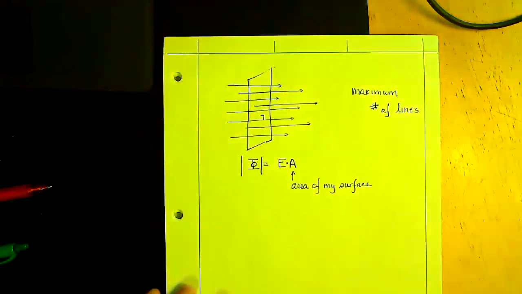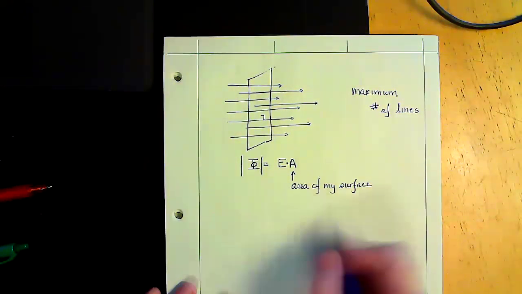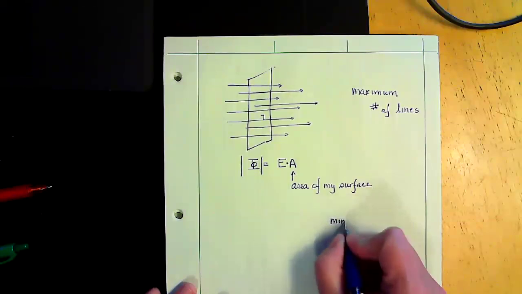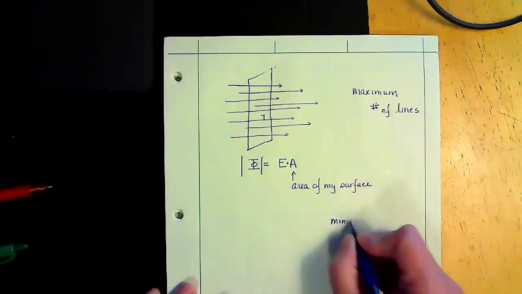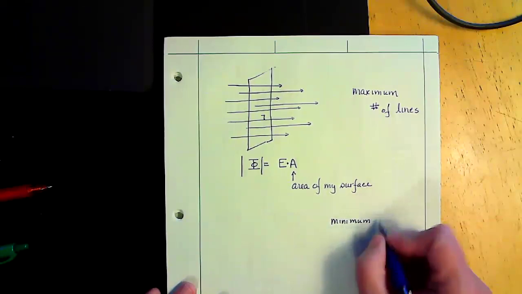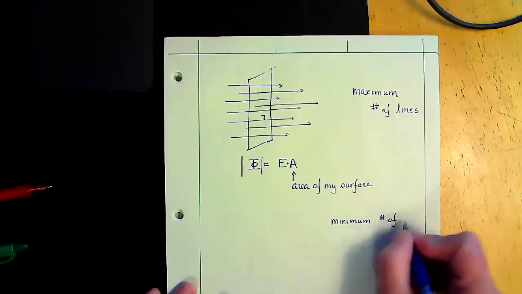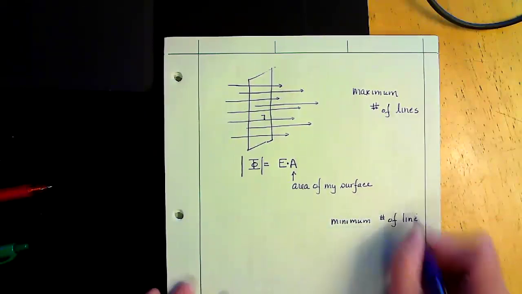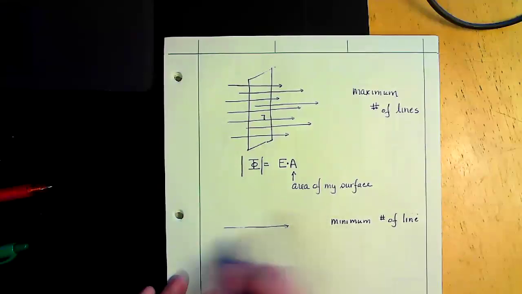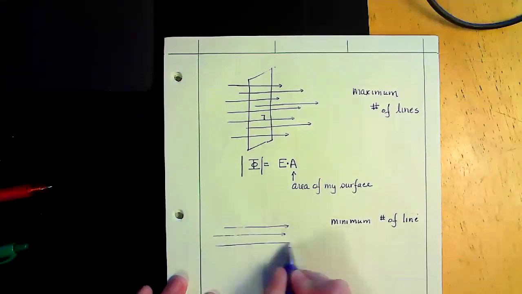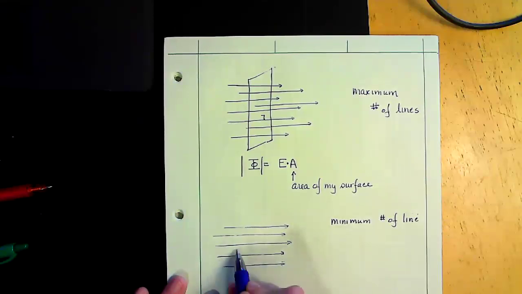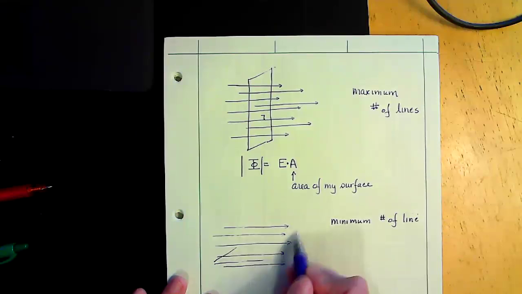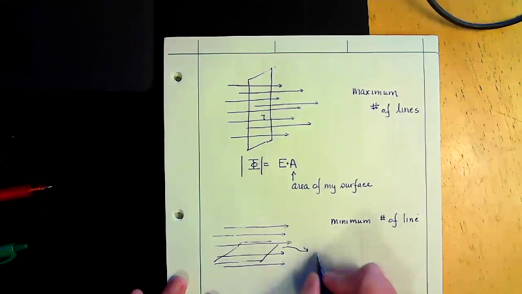We can take these things together because if I want the minimum number of lines in this situation, here are my lines, right? I'm going to put my surface such that it's what we call parallel. So the surface is parallel to the lines.